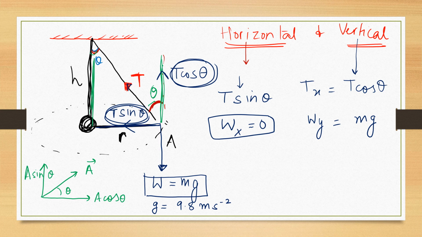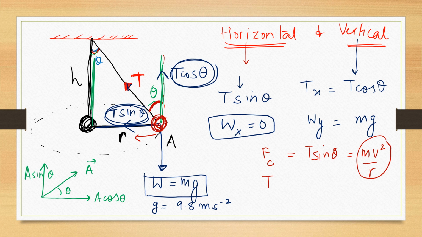Now the only force that is acting on this bob towards the center is the centripetal force. Who is responsible for this centripetal force? That is T sin theta, and that equals mv squared by r, right? We know that the centripetal force is given by this formula, mv squared by r. Now there is no resultant in the y direction.